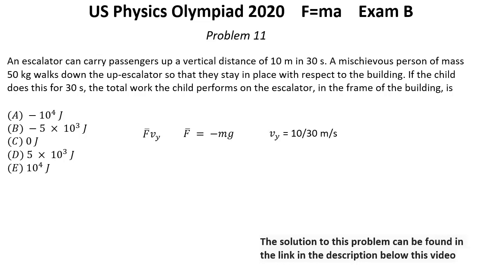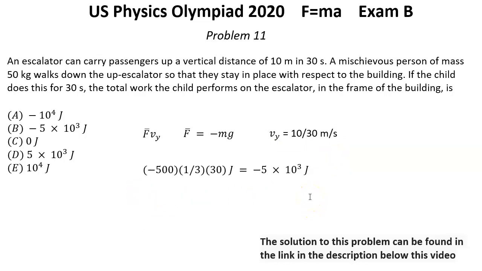In other words, one or both of the child's shoes when they are touching the escalator. This velocity is precisely the speed of the escalator, 10 over 30 meters per second. The result is this one.